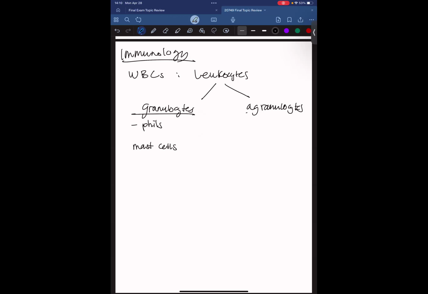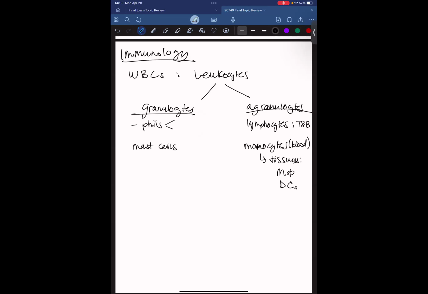This is real basic, right? But you get it. Our agranulocytes are our lymphocytes and our monocytes. The lymphocytes are our T and B cells. The monocytes can be moved into tissues. So the monocytes are in the blood. They move into tissues and they become macrophages or dendritic cells.